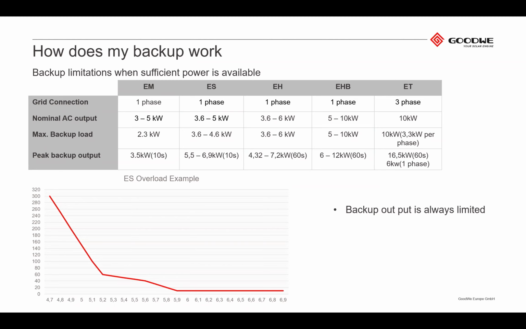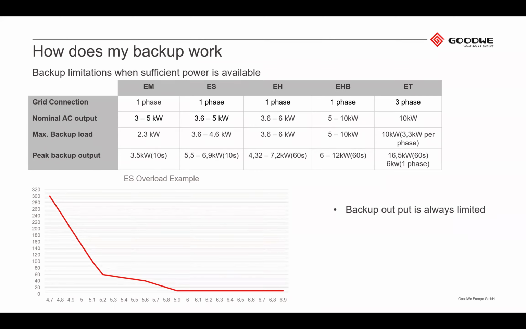It's great for self-consumption systems with a small backup system for lights and TVs. But in most circumstances, customers generally want more on the backup, and that doesn't work very well. As you'll see, the peak backup on the EM series is 3.5 kilowatts for 10 seconds only.